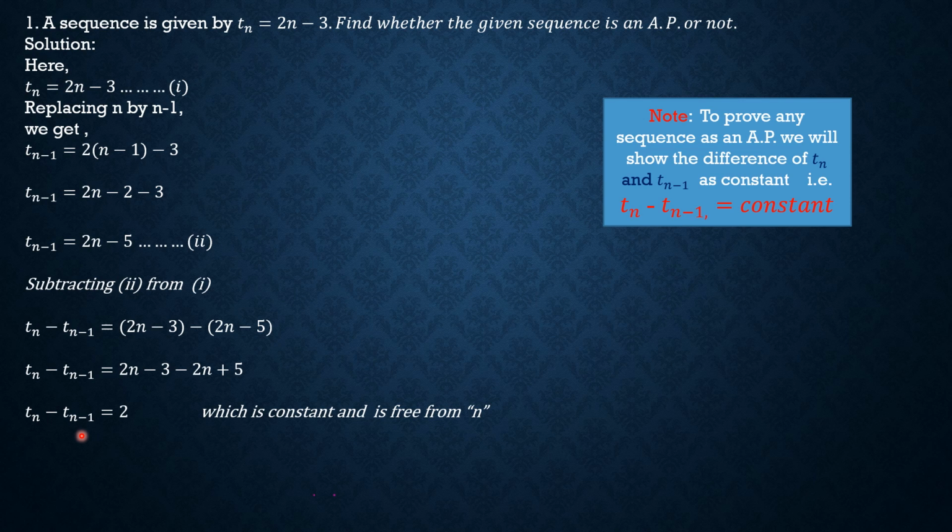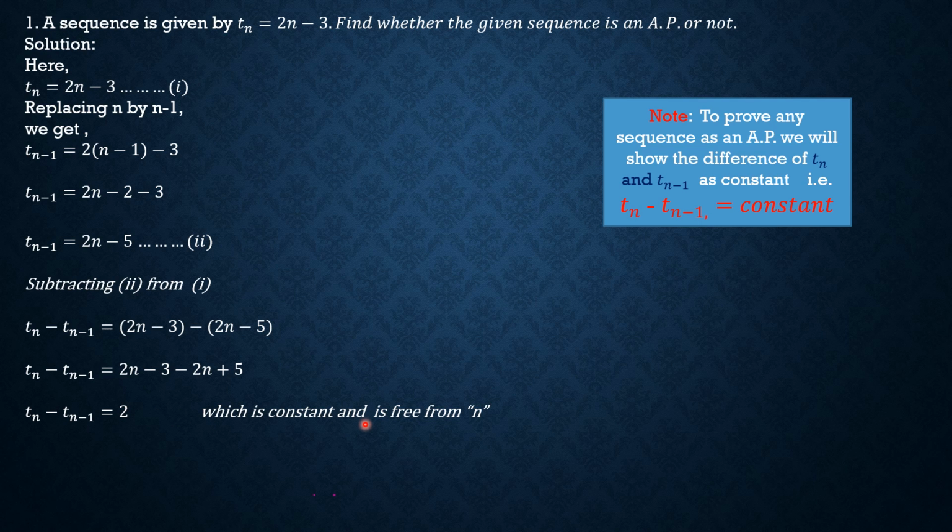Let's take 2 more examples. N equal to 7. Then t7 minus t6 is again 2. Let's say n is equal to 11. Then t11 minus t10 is again 2. Means we are getting the difference between two terms, two consecutive terms, or a term and its preceding term, or a term and its previous term as same 2.